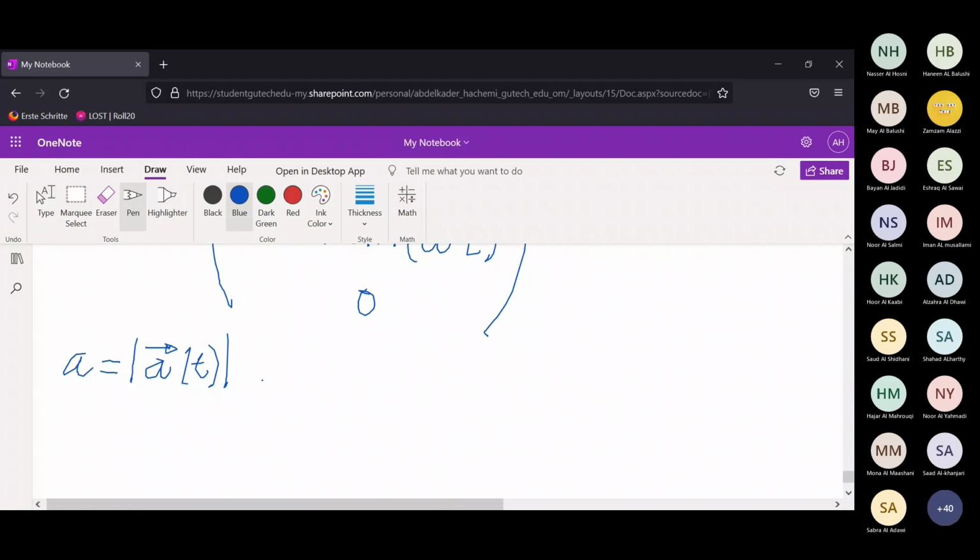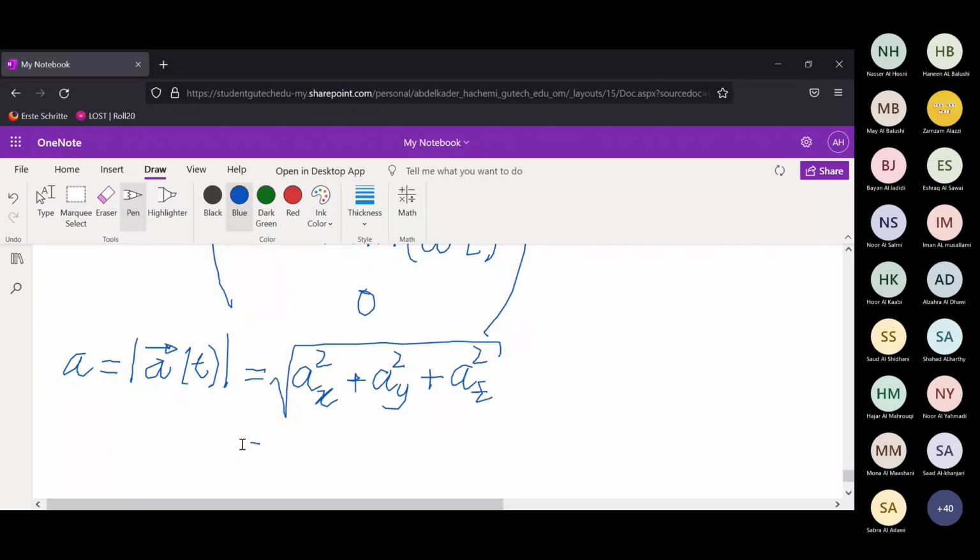We have A along the x direction squared plus A along the y direction squared plus A along the z direction squared, and this is the square root.